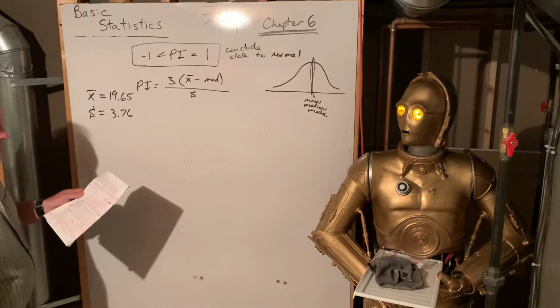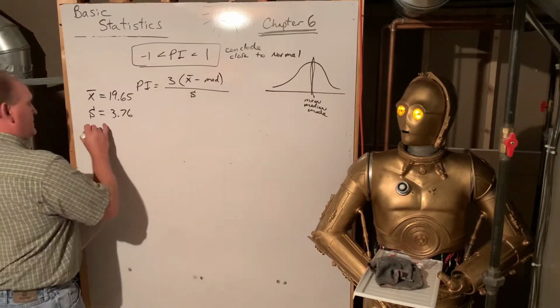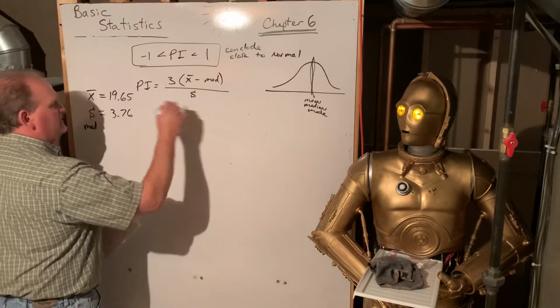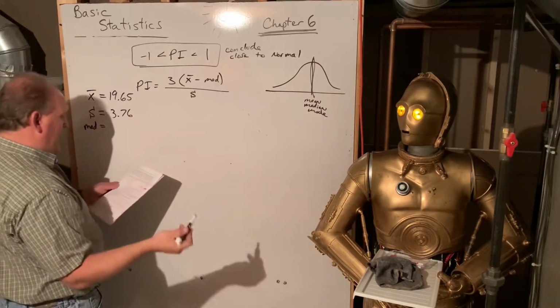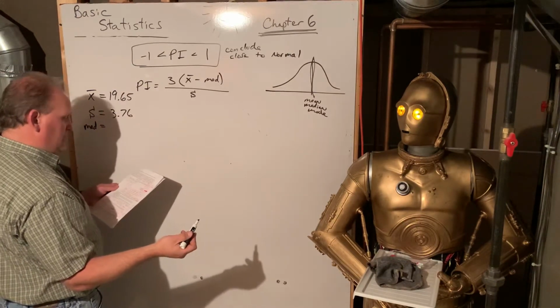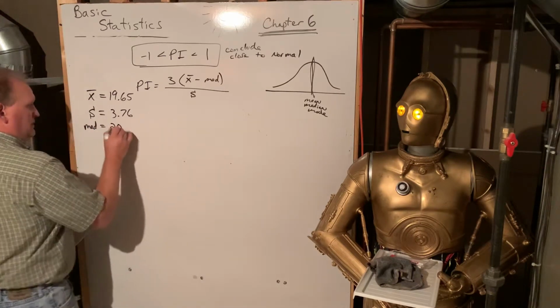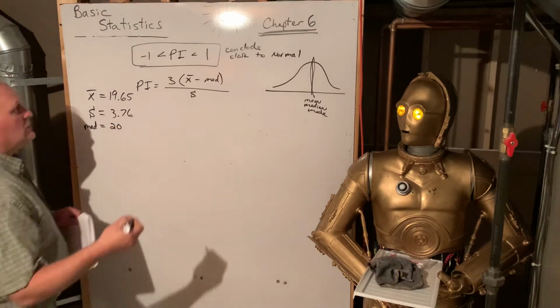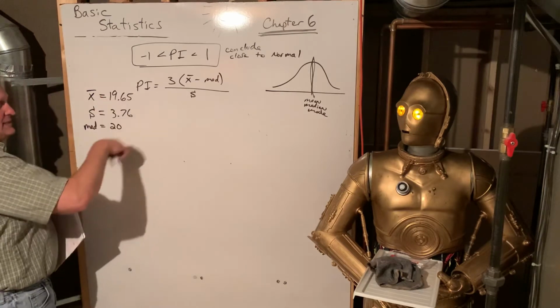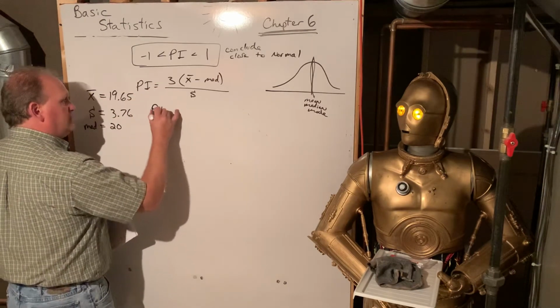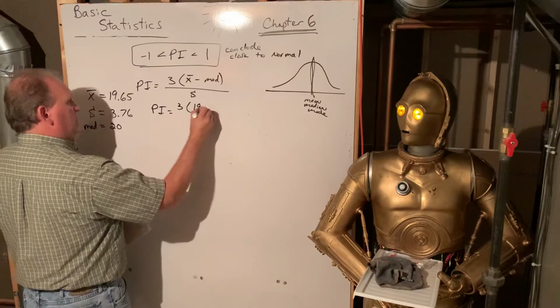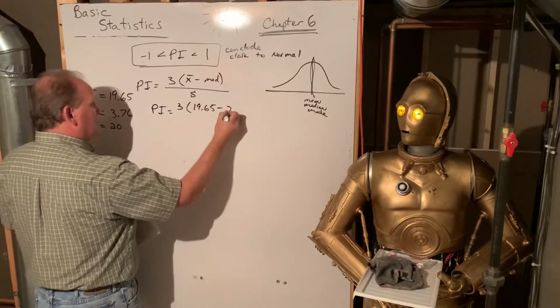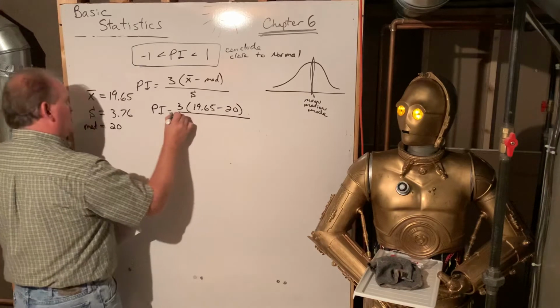And the median, remember you put them all in order, so there's 17 pieces of data, and there's one exactly in the middle for the median, and that happened to be the number 20. All right, so now we're going to put this into the Pearson index. 3 times 19.65 minus 20, those are pretty darn close, all over it.